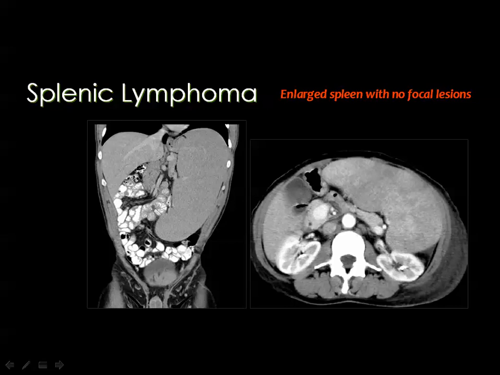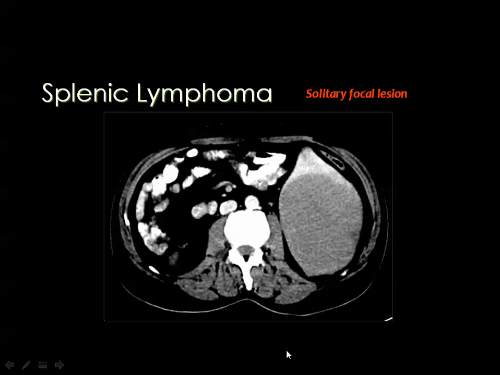Enlargement of the spleen without detection of any focal lesions is not diagnostic of lymphoma, but you should confirm this by other clinical and laboratory data. But huge splenic enlargement is one of the manifestations that can be seen in patients with lymphoma.